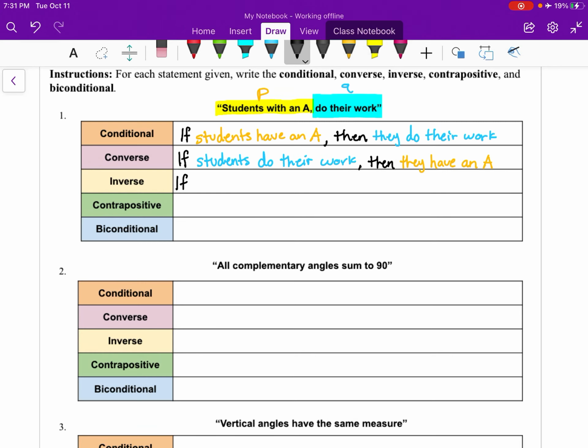So we would say, if students do not have an A, then they do not do their work.